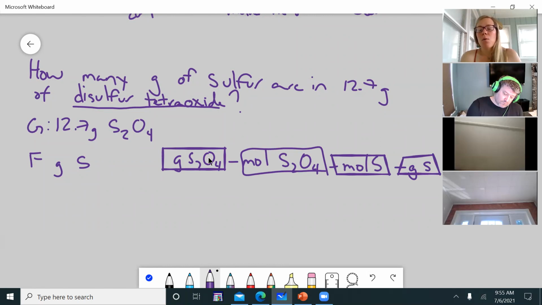So we need to figure out what the molar mass is of disulfur tetraoxide. And I totally don't have a formula sheet on me, so I'm going to do the best I can. All right.